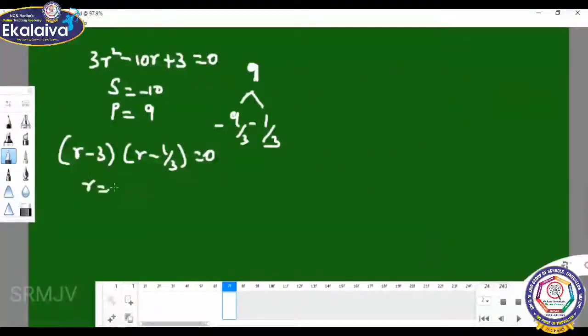Therefore r equals 3 or 1 by 3. r can take the value 3 or 1 by 3.